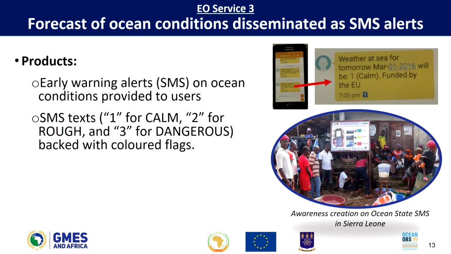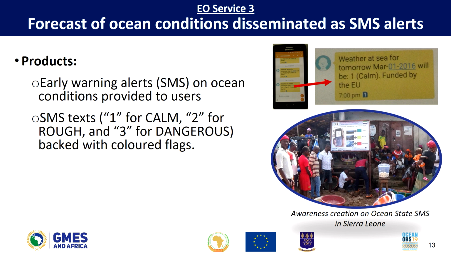The third one covers sending of SMS messages to fishermen. Now, we realize that the fishermen will not be able to go to the website to explore all the resources or the products that we have there. So we channel it into a simple text message by generating indices from forecast data, indices of 1, 2, and 3, representing ocean conditions of calm, rough, and dangerous, respectively.